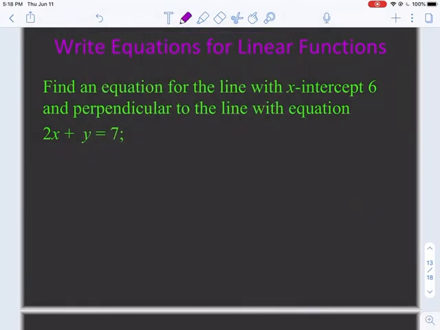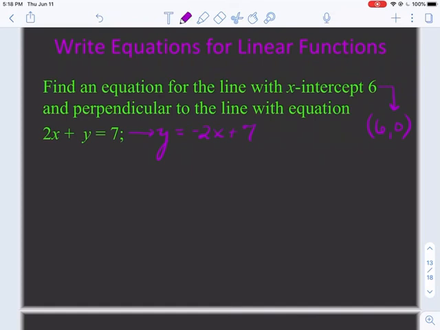Okay, let's check it. Find the equation for the line with x-intercept 6 and perpendicular to the line with the equation 2x plus y is equal to 7. If it has the x-intercept of 6, then the point is (6, 0). Solving the equation for y, we get y is equal to negative 2x plus 7.